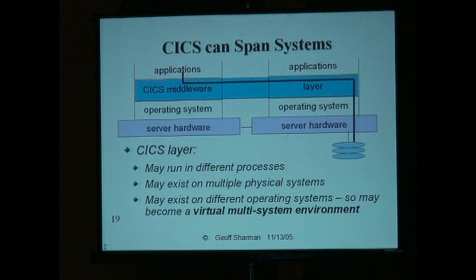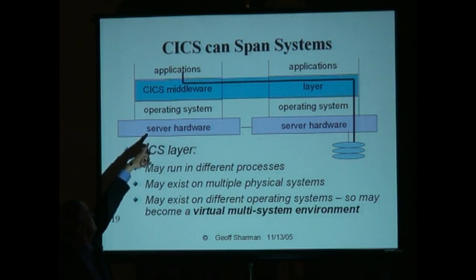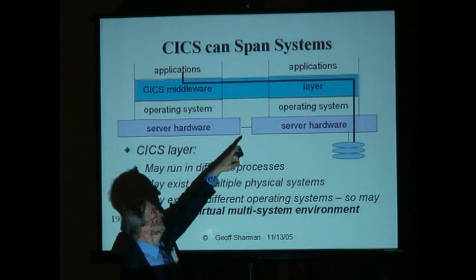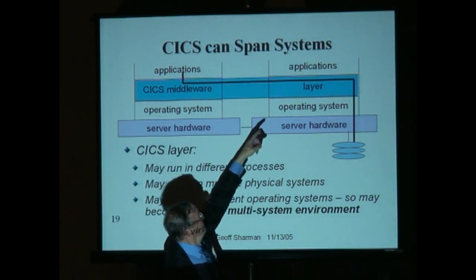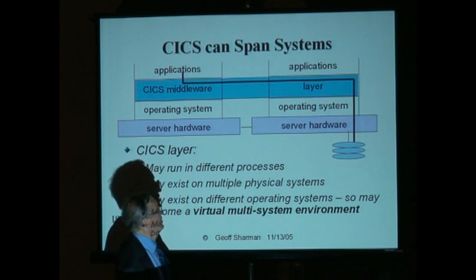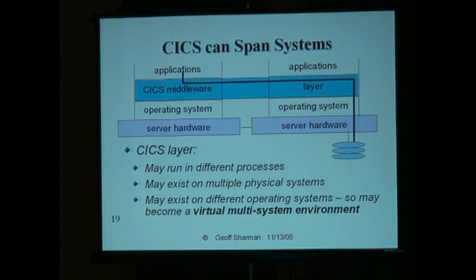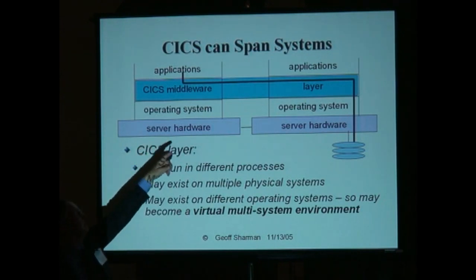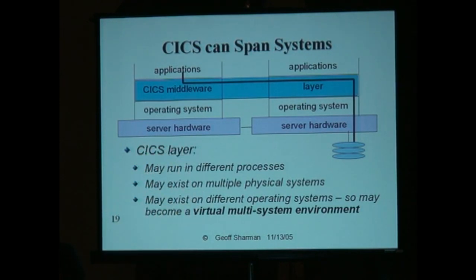So here's the picture again to show you that an application on one CICS can talk across a network, CICS to CICS, and then to data located on another CICS system. The routing is done by directories, so it's absolutely transparent to the application.